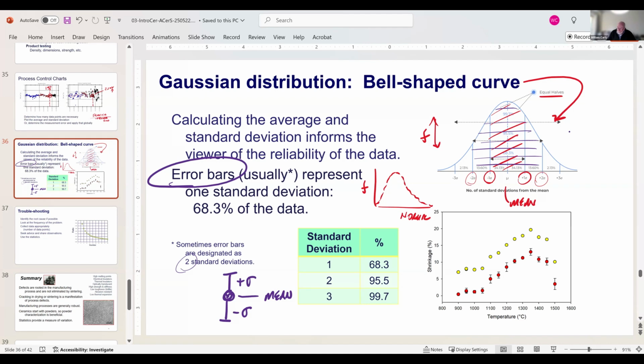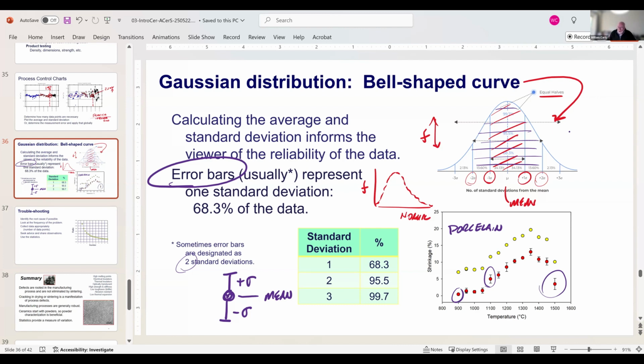I showed you this data. We've done this a bunch. This is porcelain densification, okay, and notice the standard deviation error bars. They are present. In some cases, they're so small that they are obscured by the data point itself. So the standard deviations are smaller than the data point, and that happens because the data is remarkably consistent.